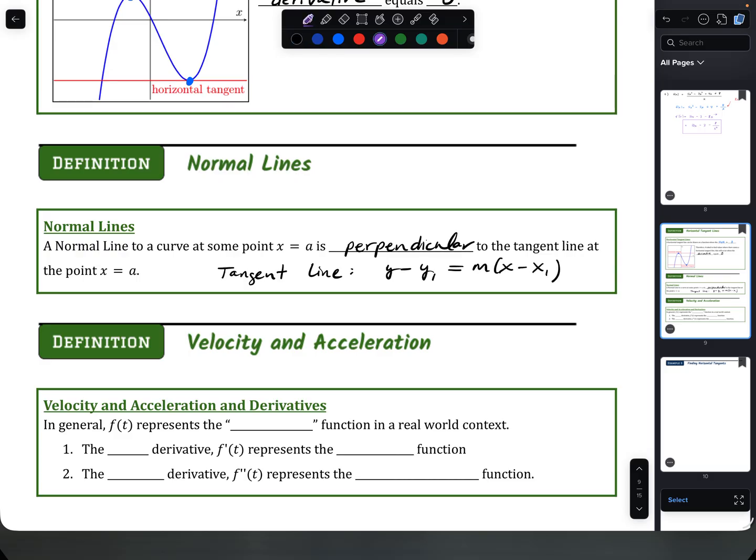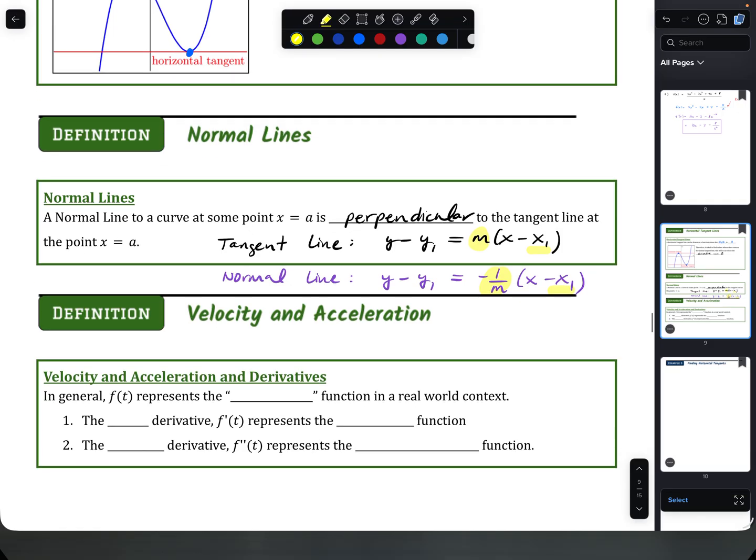So the normal line is the same thing, y minus y1 is equal to, remember in pre-calc, to find the perpendicular slope, you would take this, flip it upside down and change the sign. So it'd be negative 1 over m times x minus x1. Well, remember that this m is just the derivative at the x1 value, okay?